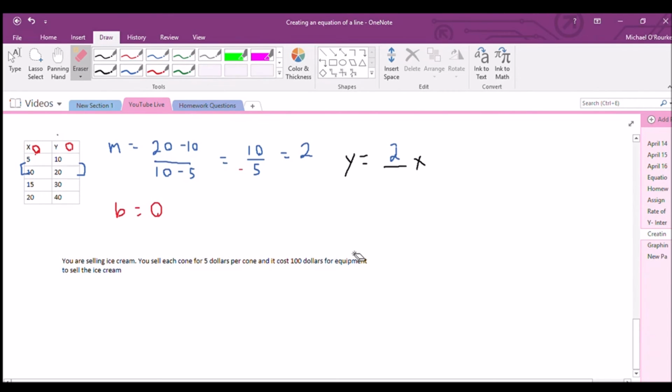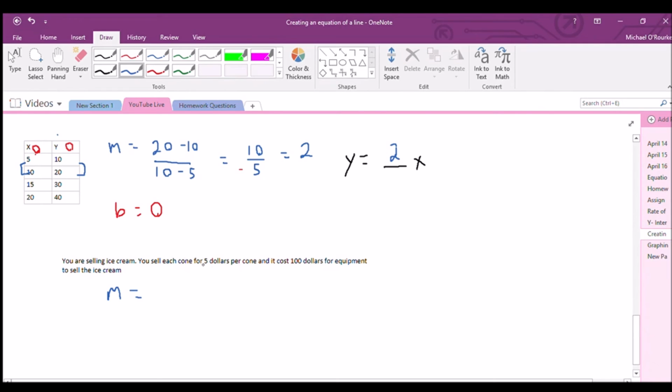Now, from a word question, we could even make an equation. Same way, let's find our rate of change. In this case, the rate of change always has a per, or is connected to something. So you're selling ice cream. You sell each ice cream cone for $5 per cone.